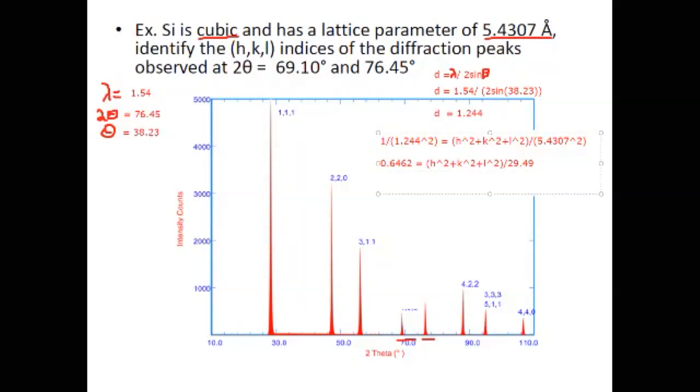So now we get 19 equals h squared plus k squared plus l squared.